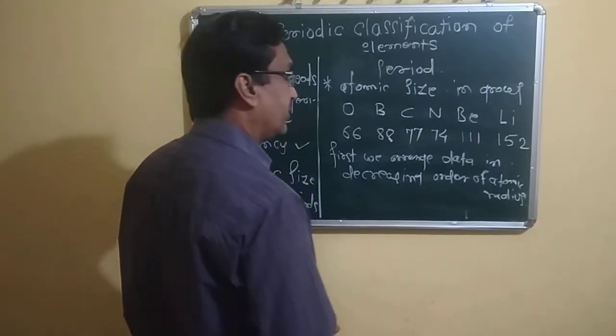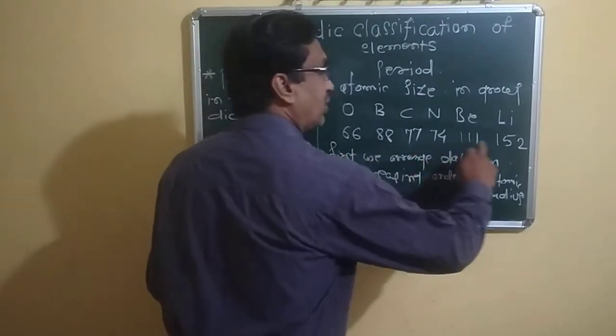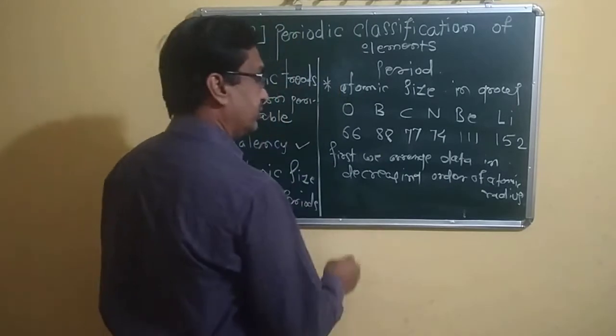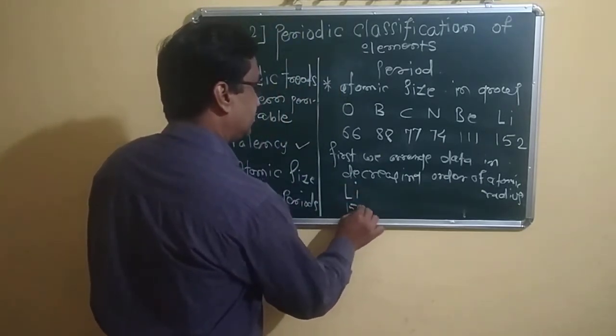So first, in decreasing order, the maximum atomic radius is 152, that is lithium. Okay, lithium 152.